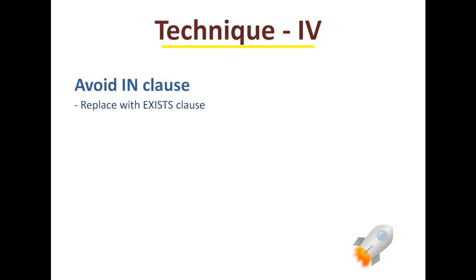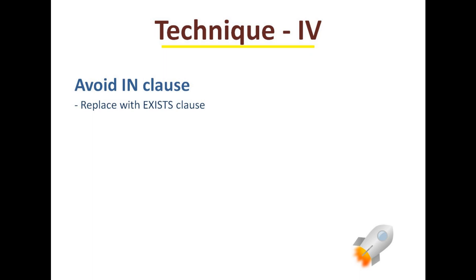The next tip says avoid using the IN clause when you have more records in the subquery. Normally we use the IN clause when you have few records, but as the number of records in the subquery increases, we need to avoid using the IN clause.